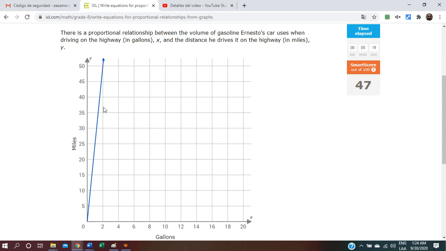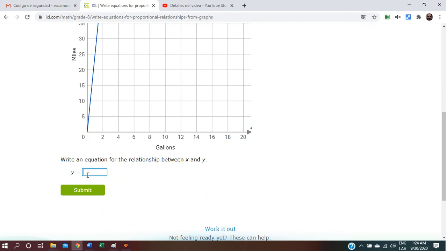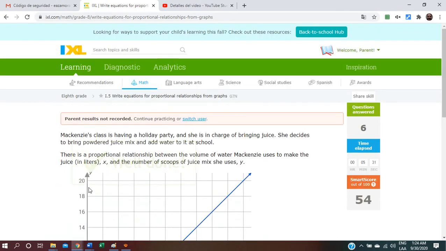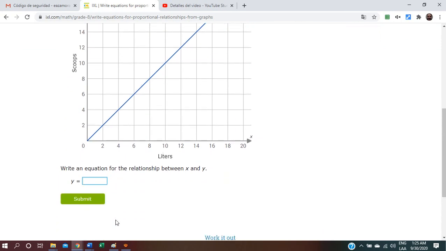So 50 divided by 2, this is not a 1, this is a 2, equals 25. So y equals 25x. Submit. And so on, guys. So 2 divided by 2 equals 1x, or just x, right?